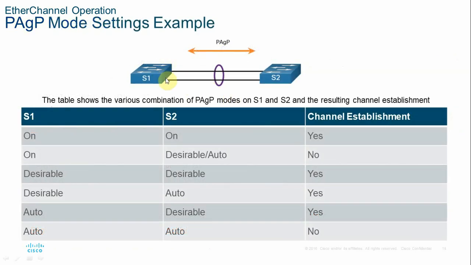This switch will send a PAgP packet and wait for the reply from S2. So it is the one who takes the initiative: I will take the lead, I will ask the other guy whether you are ready for PAgP, say yes or no. This switch has to reply.